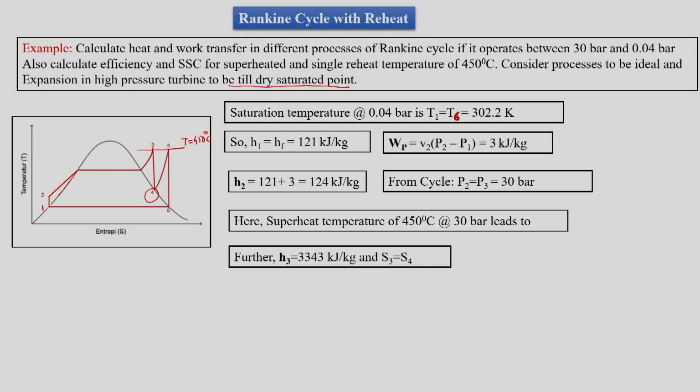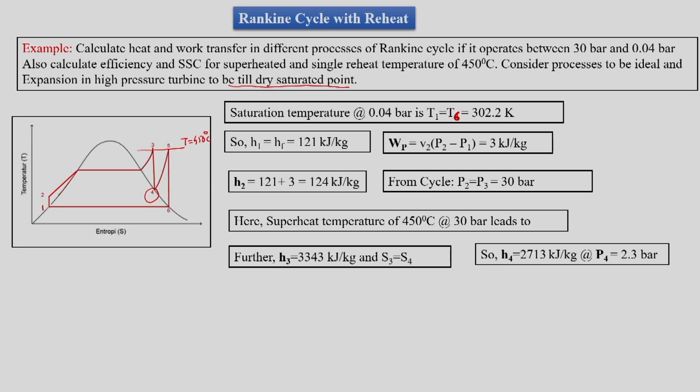From this information and known S3, we can find out at which pressure the saturation entropy of steam is equal to S3, that is S4. From that we came to know that this pressure P4 is 2.3 bar, and that enthalpy is 2713 kilojoule per kg.